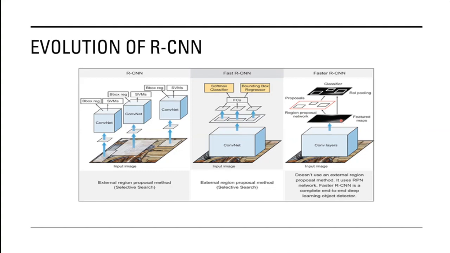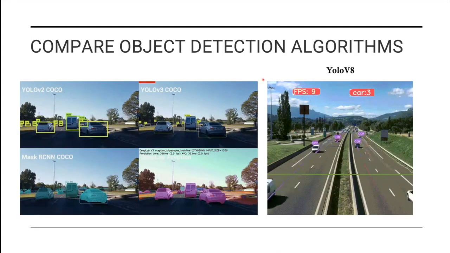They use something called regional proposal networks to propose regions, and then they go to the region of interest pooling, and based on that, to the classification. So this is what we call the evolution of RCNN, from the RCNN to the Faster RCNN. That is the one that everyone uses today because it's fast and can be used in real time.